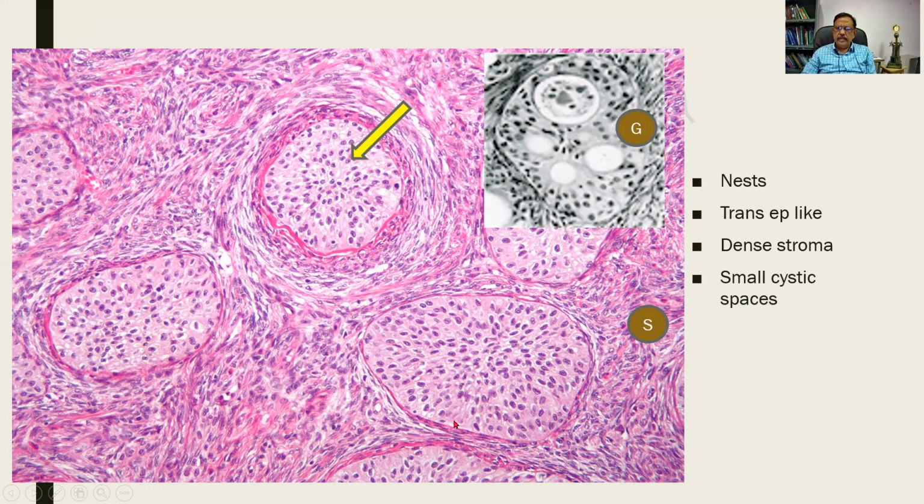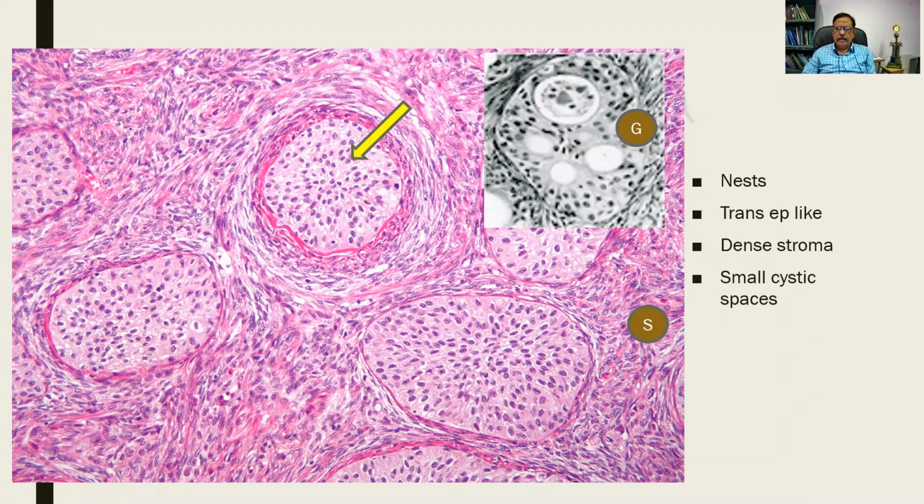But the striking feature about these nests is the cells are all uniform and they resemble the transitional epithelium. The arrow points out to the nest of tumor cells. And this inset shows some cystic or glandular spaces which may be seen in a Brenner's tumor. And the stroma itself, you can see how dense it is, and it is composed of spindle-shaped cells.